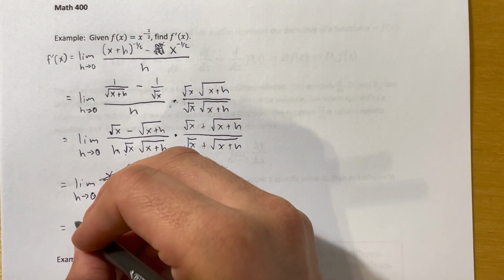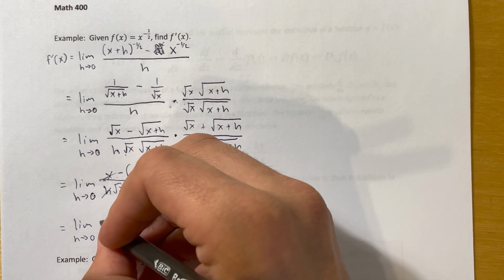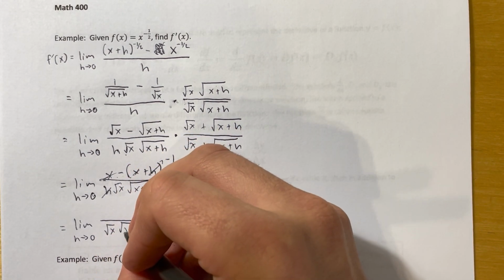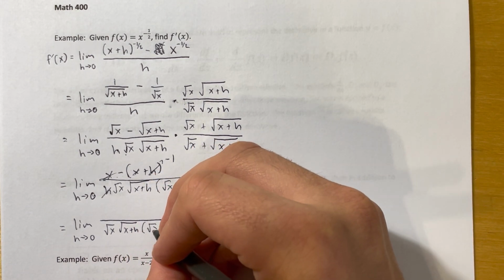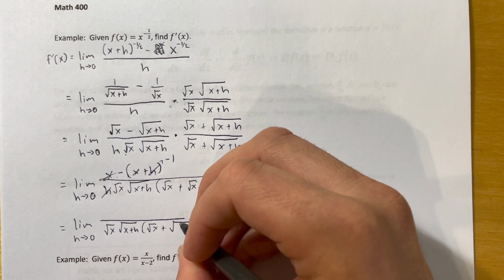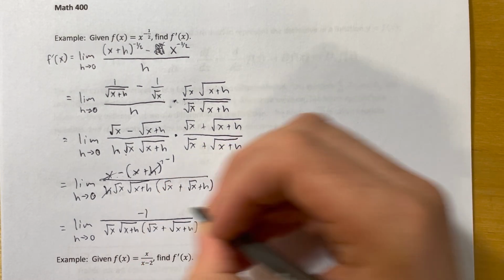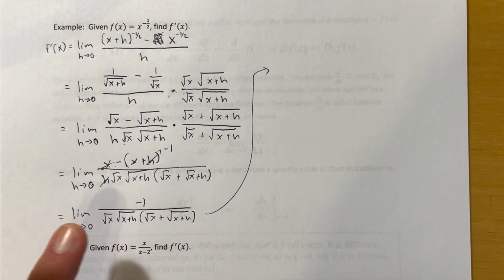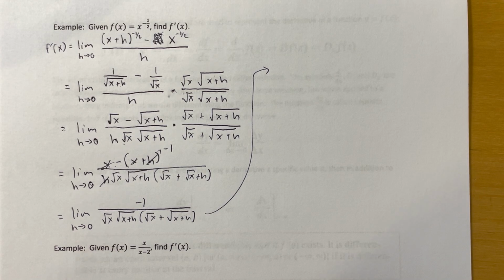So this will be equal to the limit as h approaches 0 of negative 1 over root x times root (x plus h) times (root x plus root (x plus h)). Now that that h is gone down here, I can see that a direct substitution would not put a 0 in my denominator. So we have continuity, and we can do that now.